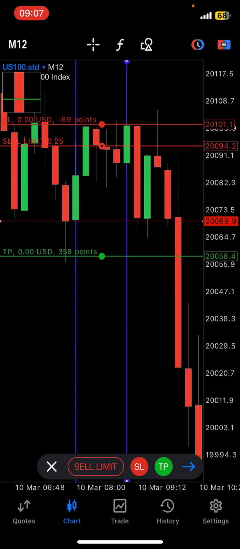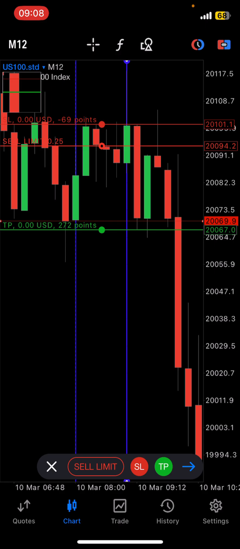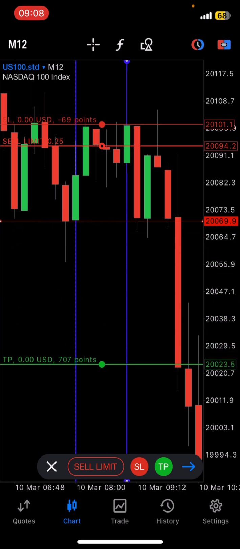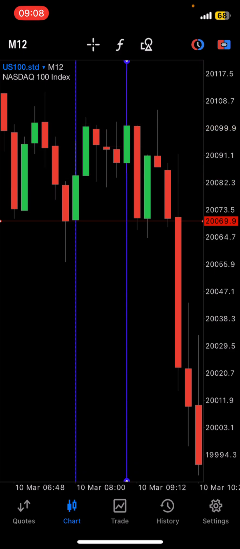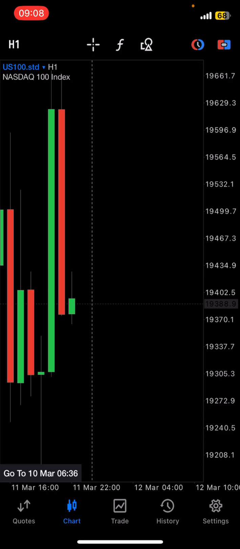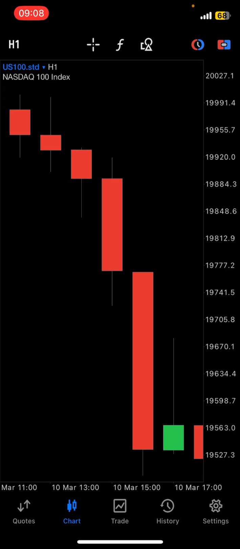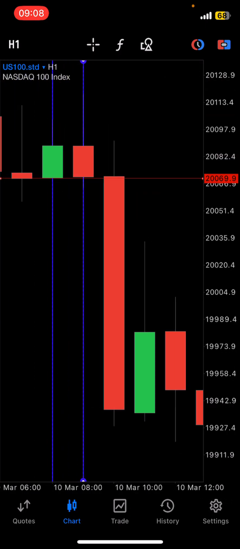Of course, we get stopped out, but eventually the market closes right there. And now we've got an up close candle, right? And we got stopped out. It's okay, no problem. Let's go and get another trade.